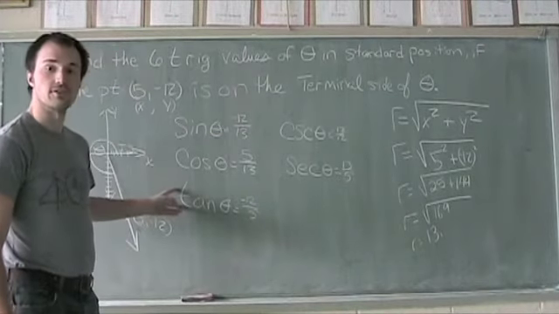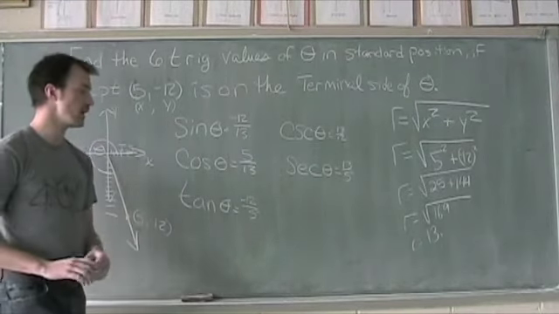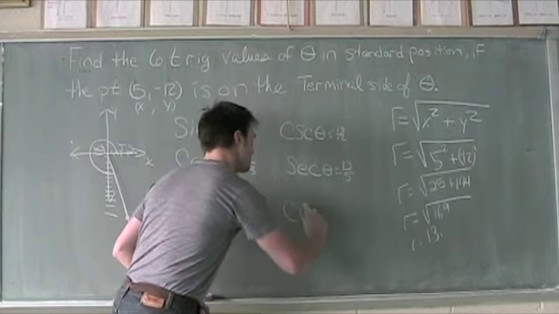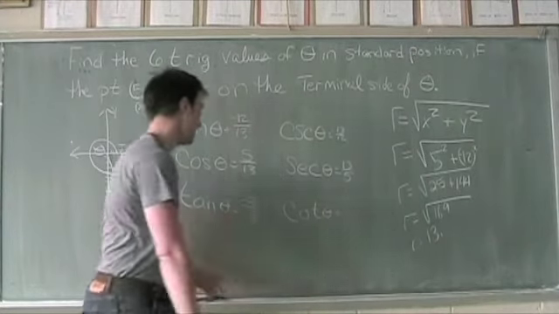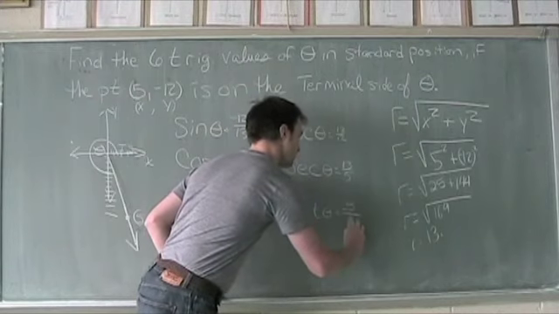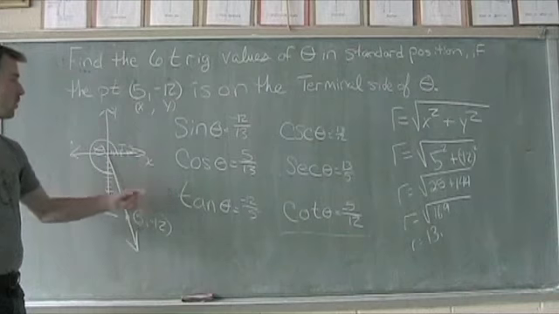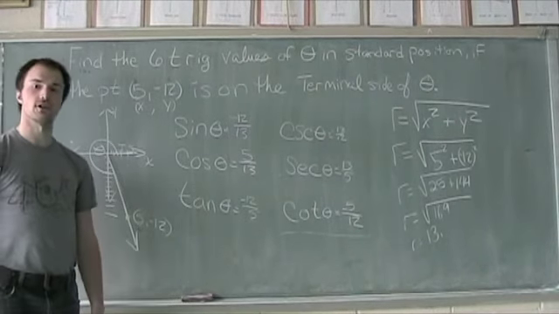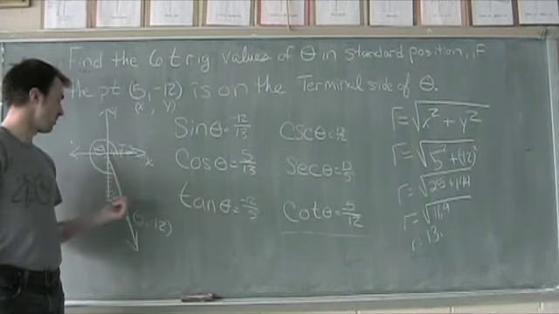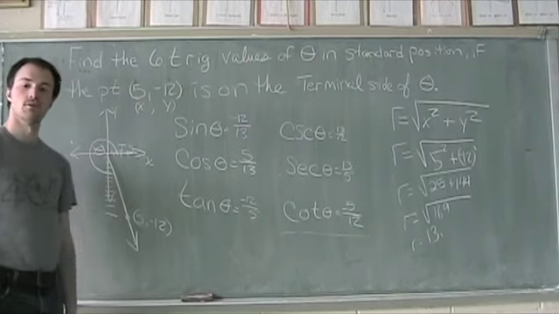And lastly, the inverse of tangent, as you may have already addressed, is cotangent. And cotangent of theta is going to be negative 5/12. Okay. So there we are with our 6 trig functions for when we have the terminal point 5, negative 12 in our standard position.